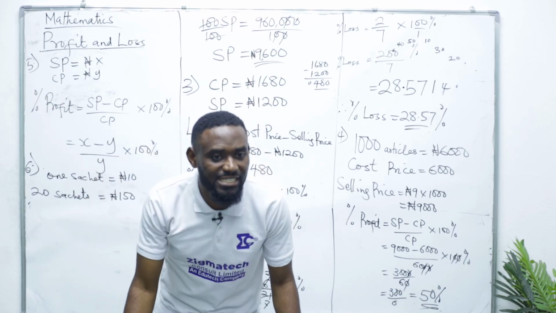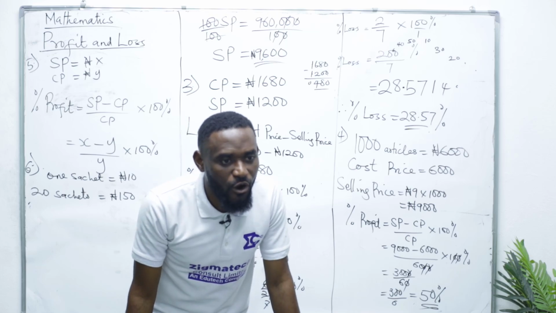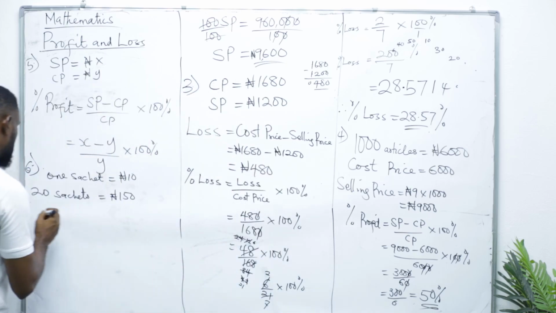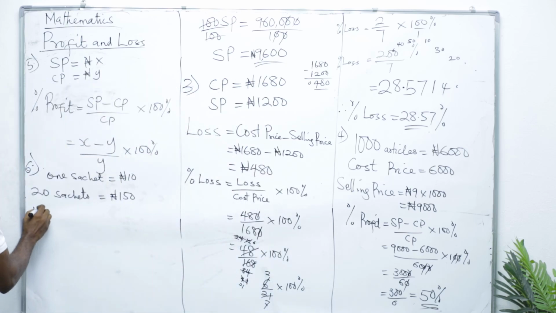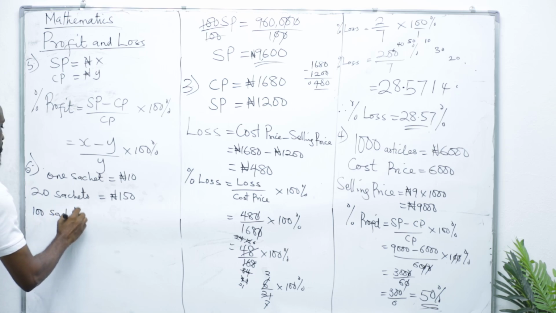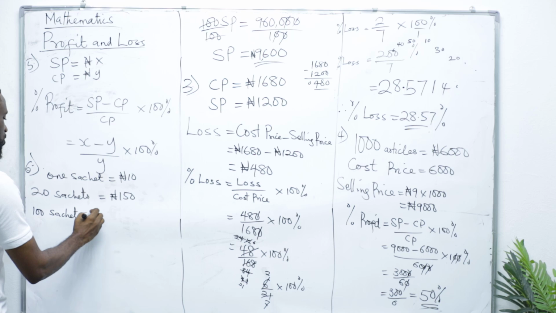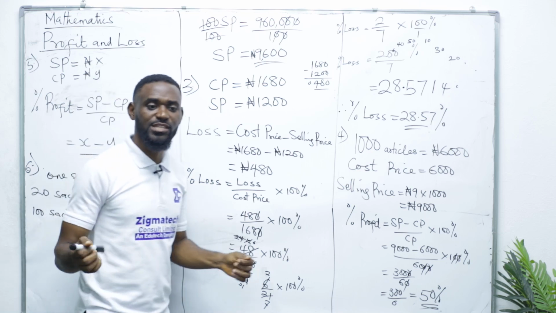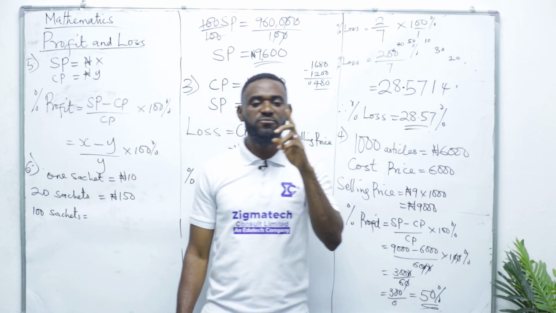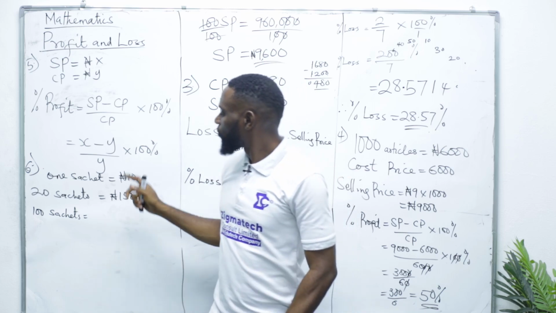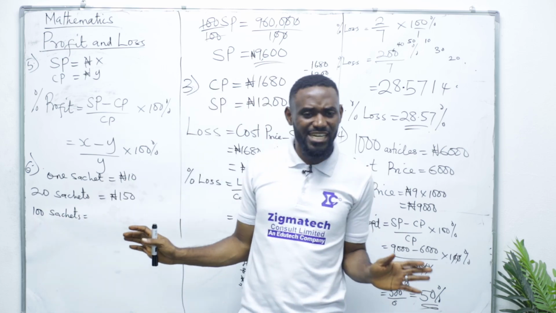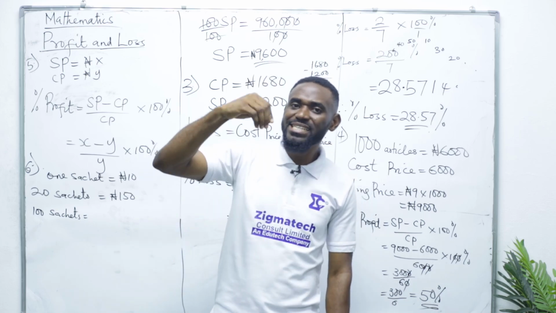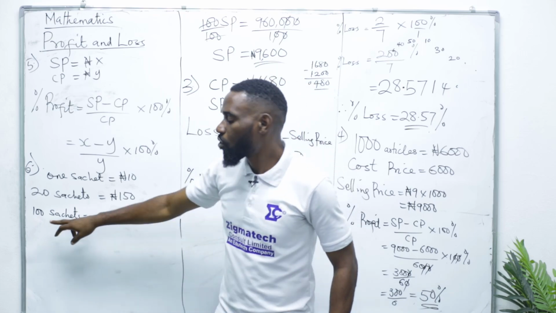And let's look at it now. They said, how much is saved on 100 sachets of pure water? So if we now have 100 sachets, how much will it be, then how much will be saved? The first thing we need to know is, for 100 sachets of pure water, if there was no discount, how much will it originally be?